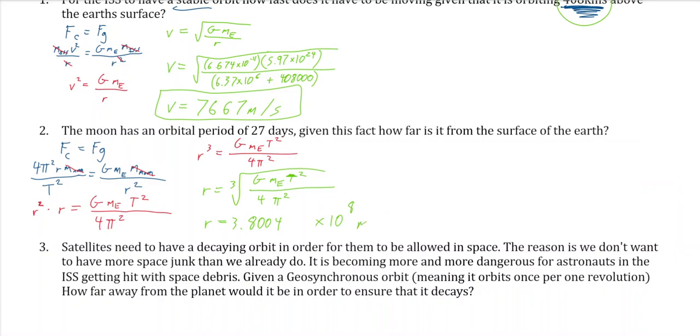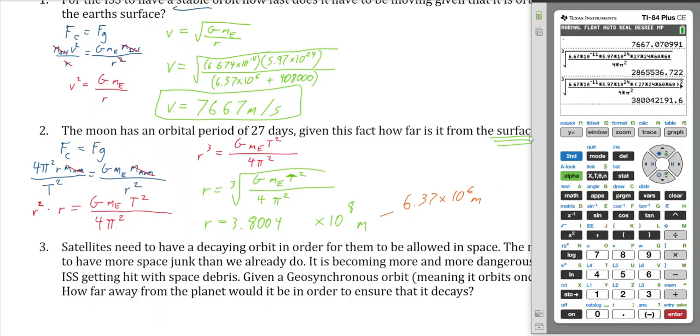Now, this is in meters. Now, we were asking about the surface of the Earth. So, if we're talking about the surface of the Earth, we do have to subtract by the actual Earth's radius. So we're going to subtract by 6.37 times 10 to the 6. Now, it's not going to make a significant difference because we're at times 10 to the 8, right?